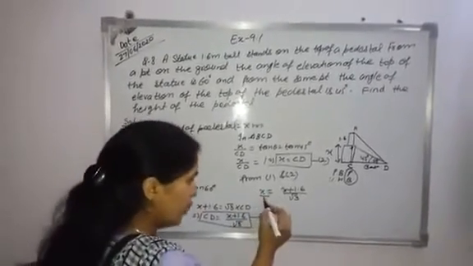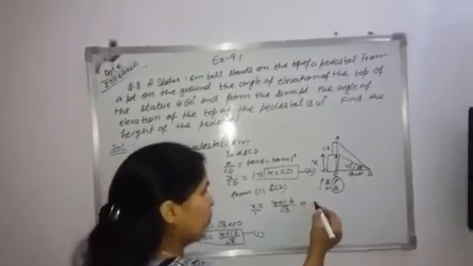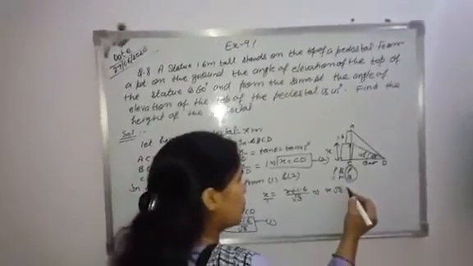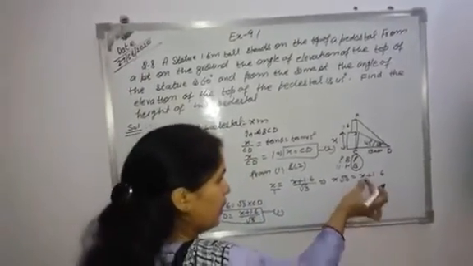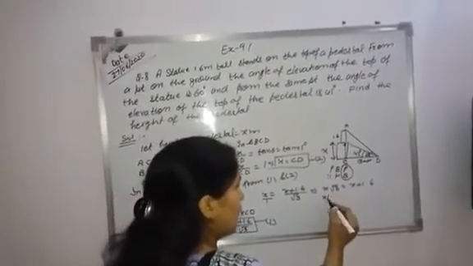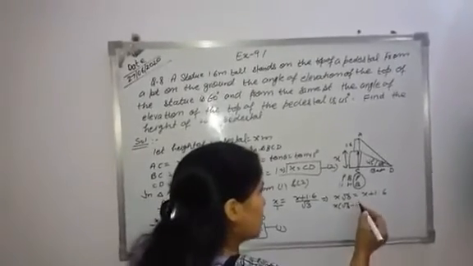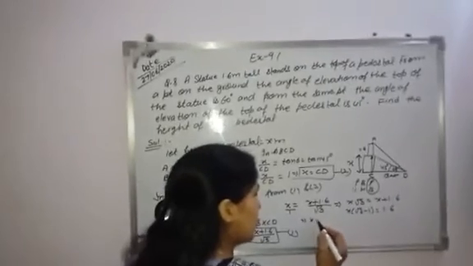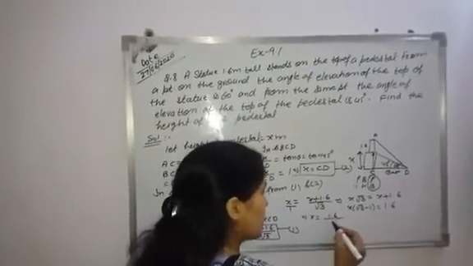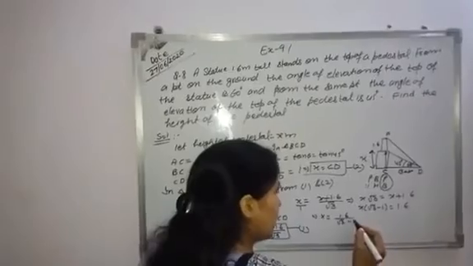So again when we apply cross multiplication, then we obtain x into root 3 is equal to x plus 1.6. Take x to this side, x into root 3 minus 1 is equal to 1.6, and implies x is equal to 1.6 divided by root 3 minus 1.